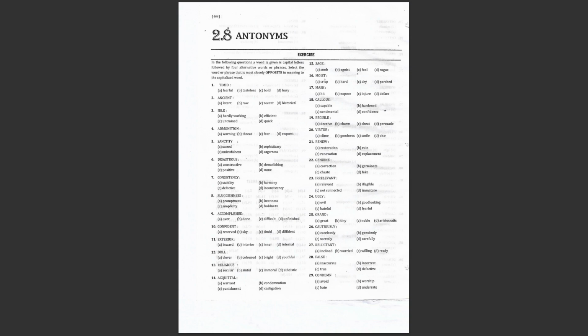The first word for the day is timid. Word number 1 is timid. If you remember, timid was one of the options that we did in lecture 1 of synonyms. And timid was the synonym of the word cowardice.